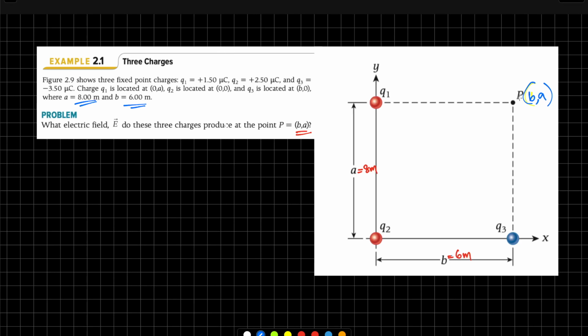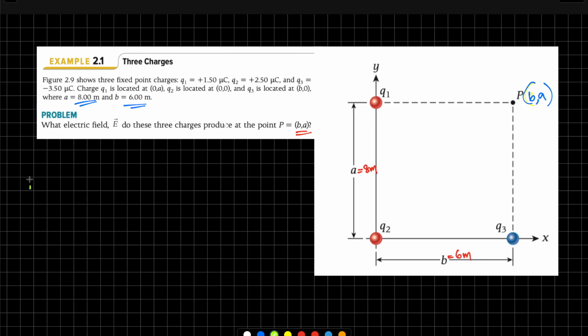So this is point P. We have 3 charges. Each charge will produce its own electric field. So we are going to find the net electric field at point P due to all these charges.